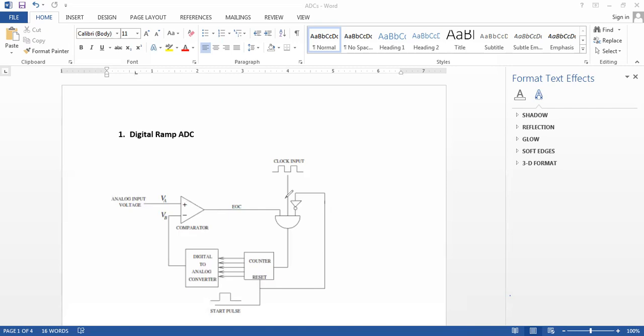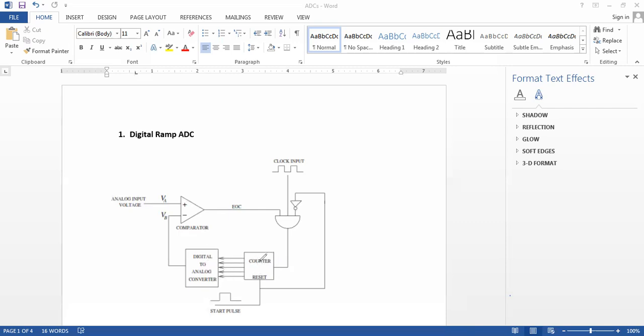from the converter, it has a comparator that is able to compare two analog signals, VA and VB, and give an output EOC. It has a 3-input AND gate, and the output of the AND gate is the clock signal to the counter.